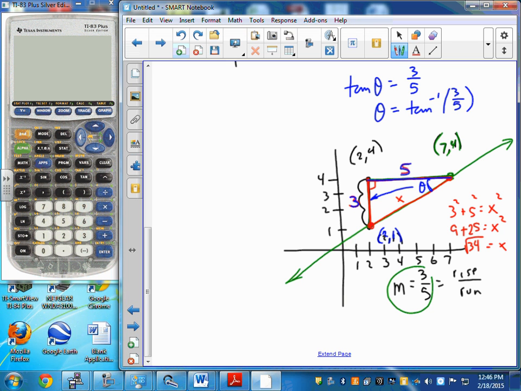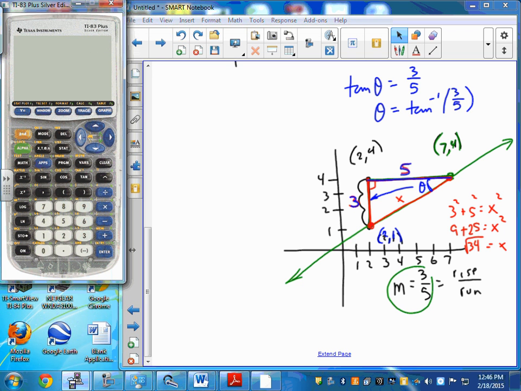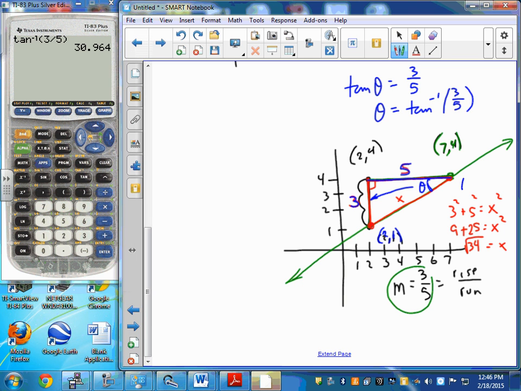So we can grab our calculator and hit the tan inverse of 3/5. Okay, so that's going to be a 30-degree angle, almost a 31-degree angle. So the angle theta is about 30.964 degrees. Okay, what else could we do?